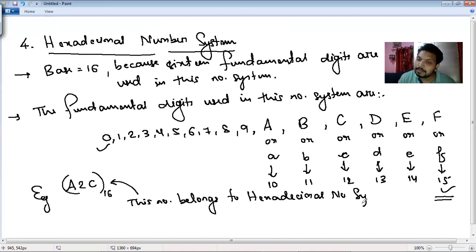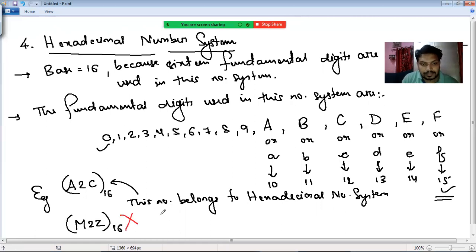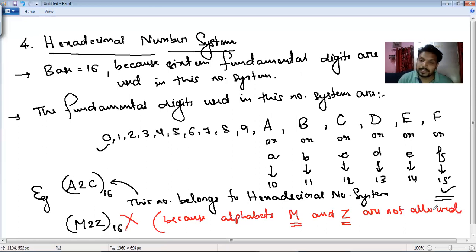If I write M2Z base 16, this is wrong, because the alphabets M and Z are not allowed.